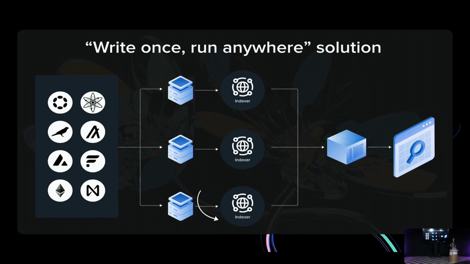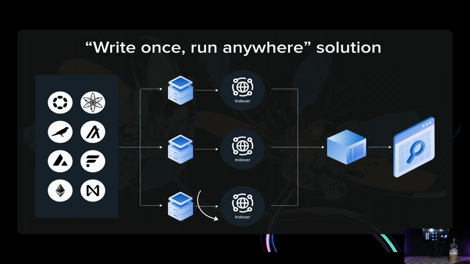And behind the curtain, the developer experience is still one database and a single API endpoint, but SubQuery does use different indexers for every chain. This is represented also in different manifest files. So for multi-chain projects, when you use SubQuery, you will have a manifest file dedicated to every chain.